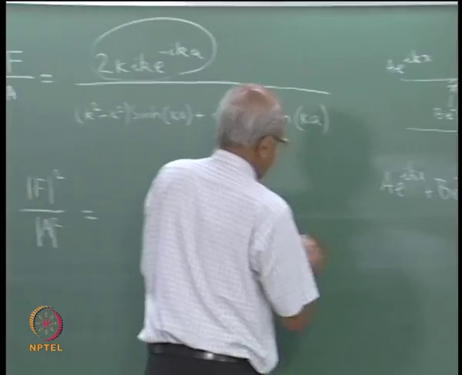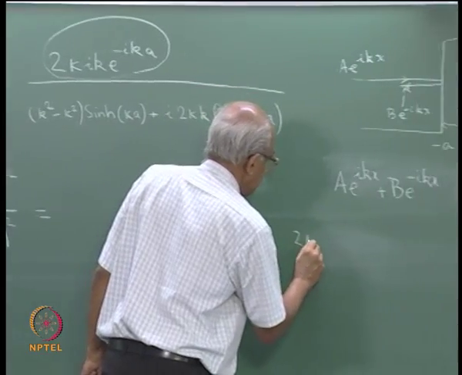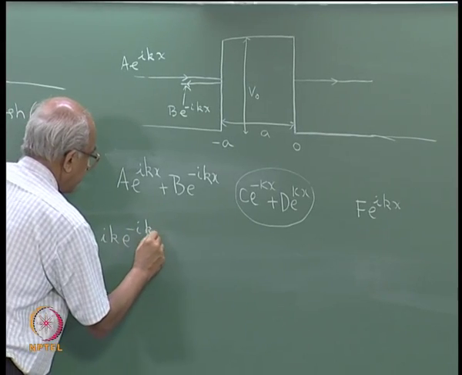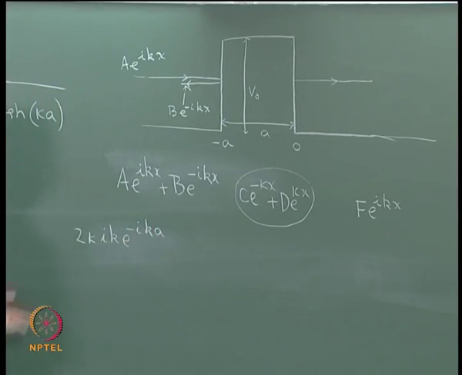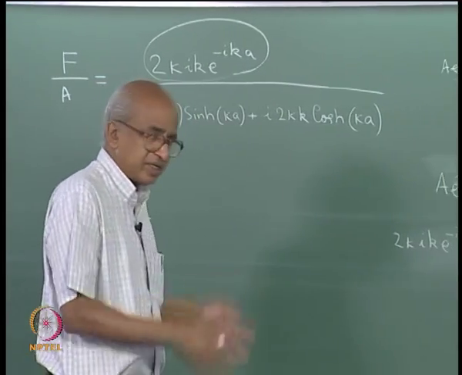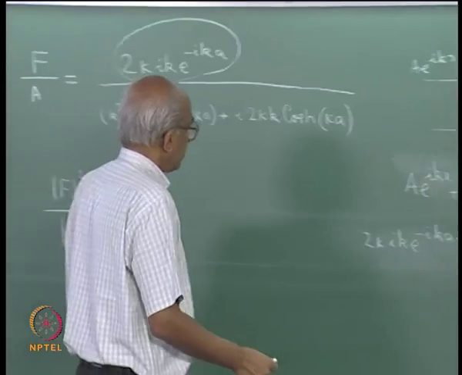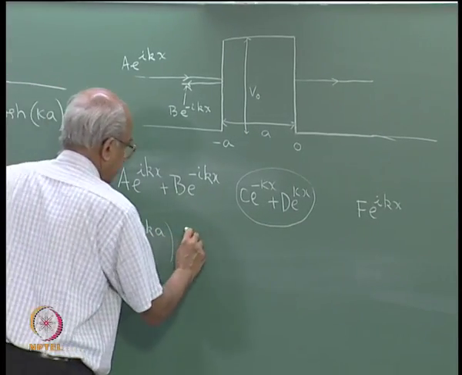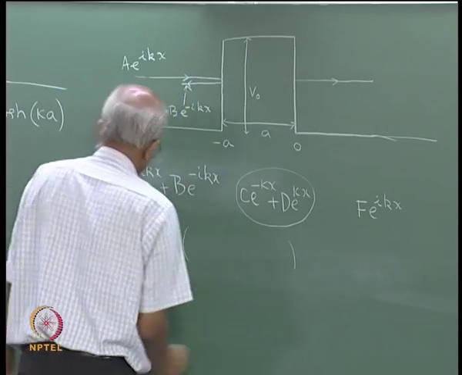So you see, you have 2 kappa i k e to the power of minus i k a. So this is a complex number, and if you had any complex number, how will you calculate its magnitude square? All that you need to do is take the number and multiply it by its own complex conjugate.